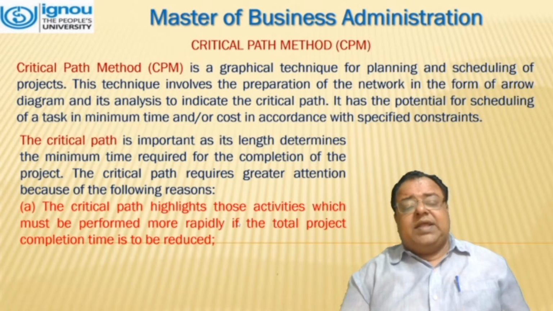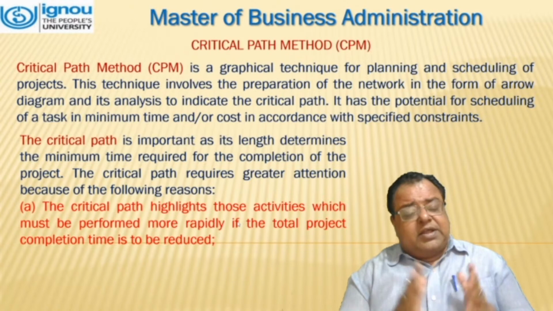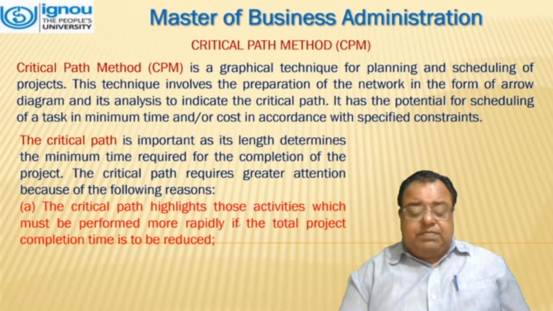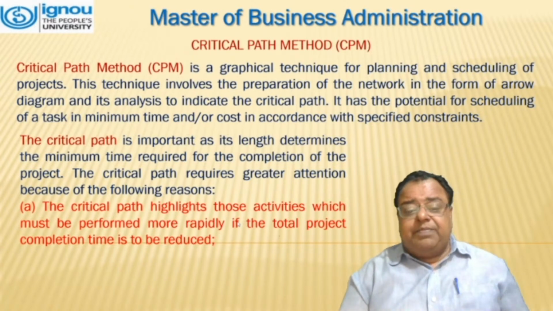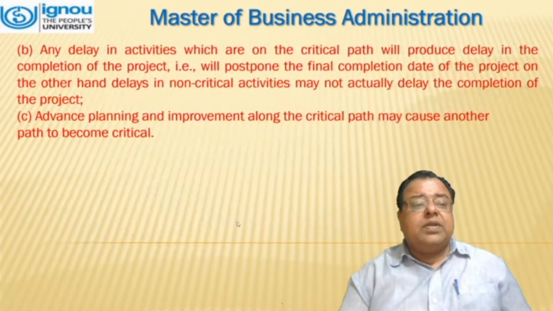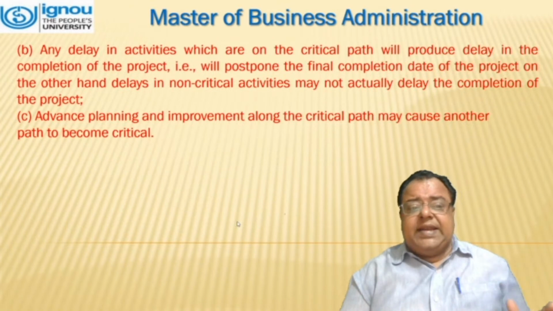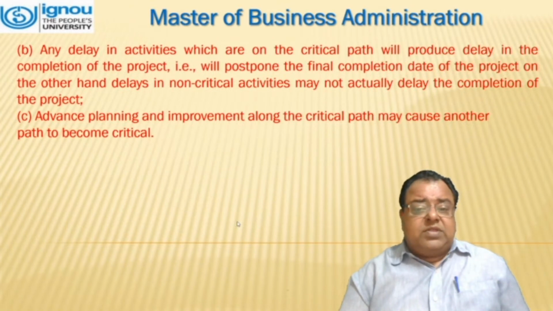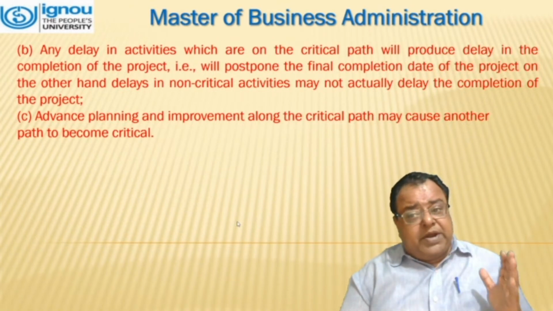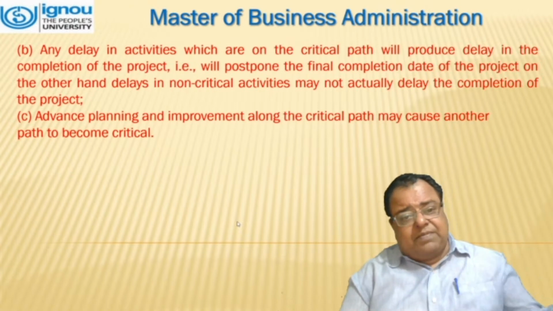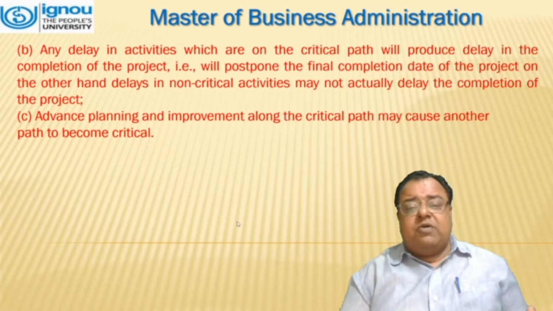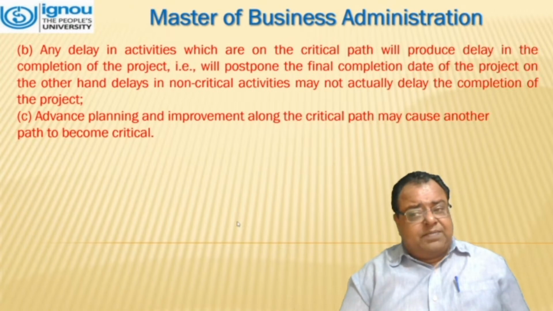First one, the critical path highlights those activities which must be performed more rapidly if the total project completion time is to be reduced. Second one, any delay in activities which are on the critical path will produce delay in the completion of the project, that is, will postpone the final completion date of the project.